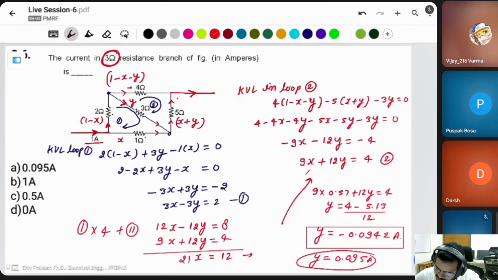Put the value of X in any one equation. Suppose you take this one, then 9 into 0.57 plus 12Y is equal to 4.